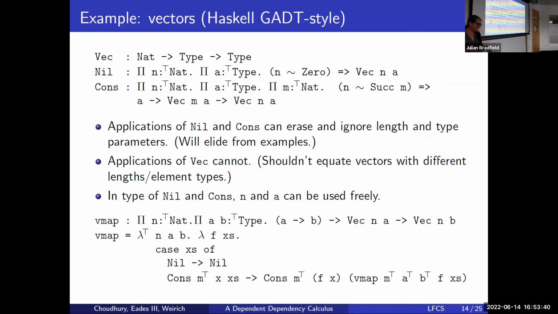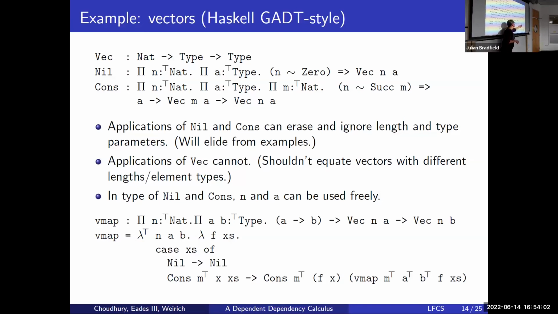Okay, so let's look at an example of a function over vectors that type checks. Here I have a vector map operation. I want the length and the type arguments for the type of the function that I'm going to map over the vector.